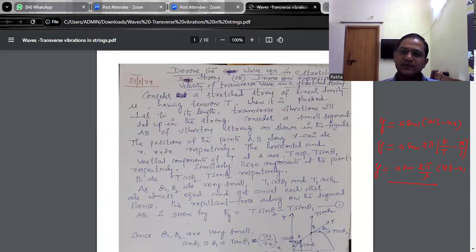Right. So here a is the amplitude, omega is the angular frequency, k is the propagation constant. Here y is the displacement.